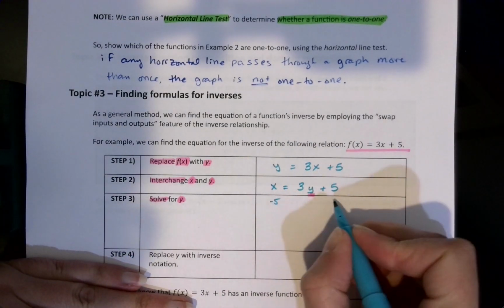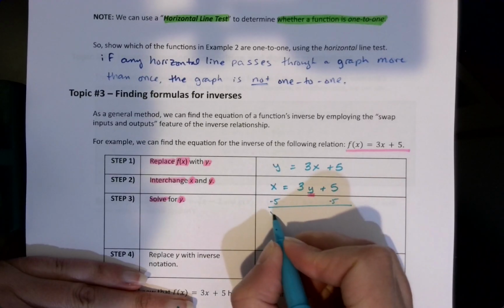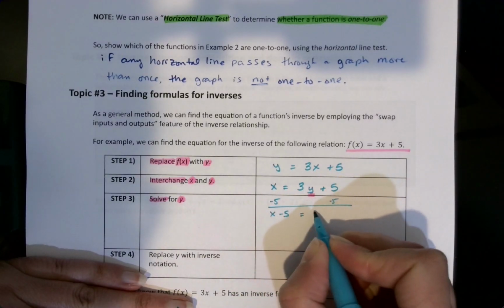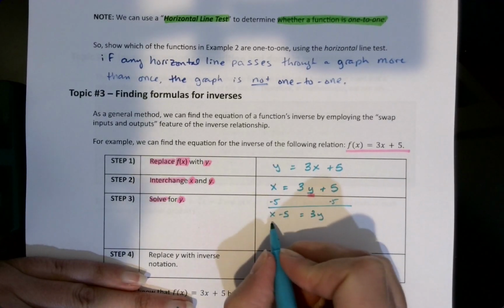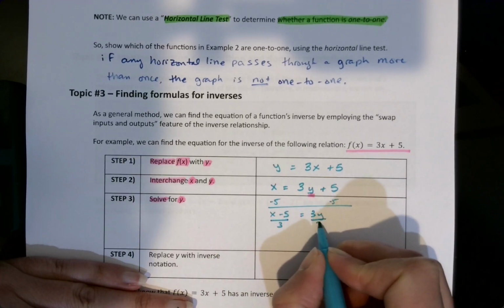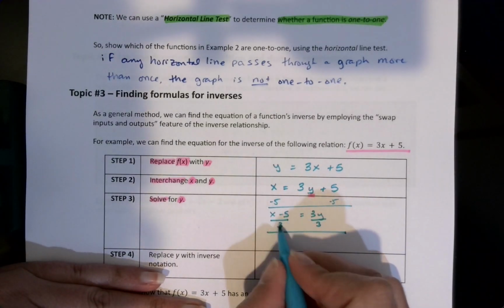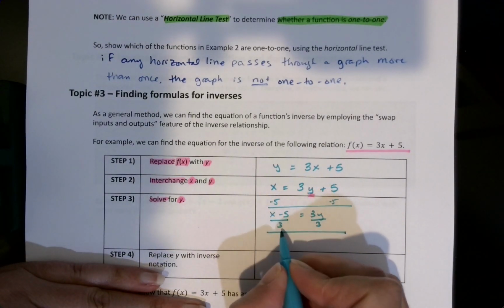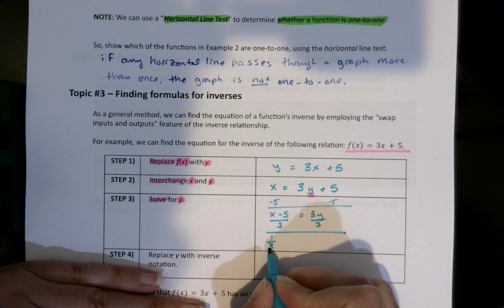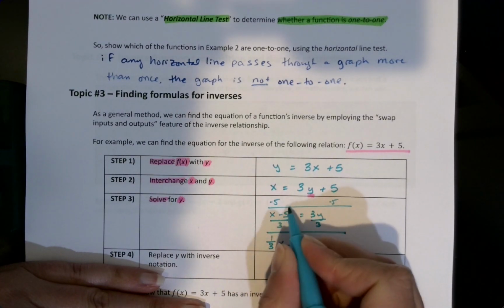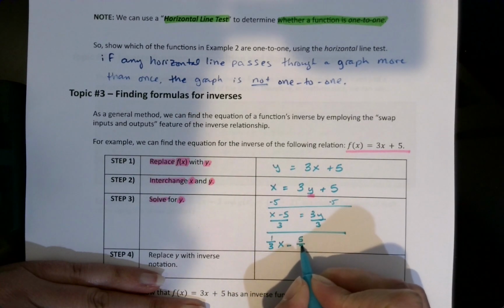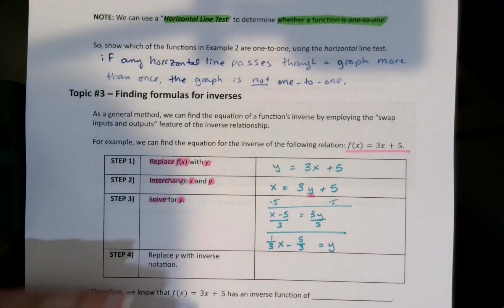So I'm going to subtract the 5 from both sides. x minus 5 is equal to 3y. To solve for y, now we'll divide off the 3. I'm going to go ahead and distribute that division. That's x divided by 3, or 1/3 x, minus 5 divided by 3, so minus 5/3, equals y.